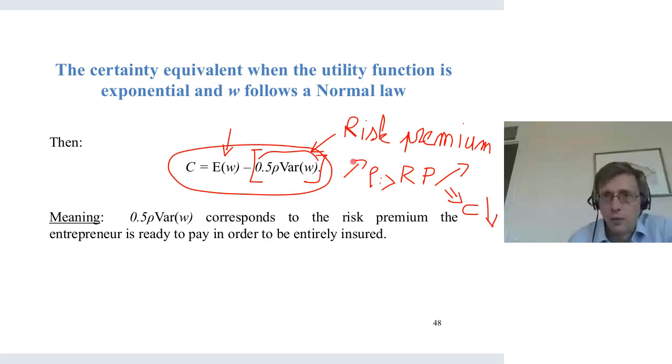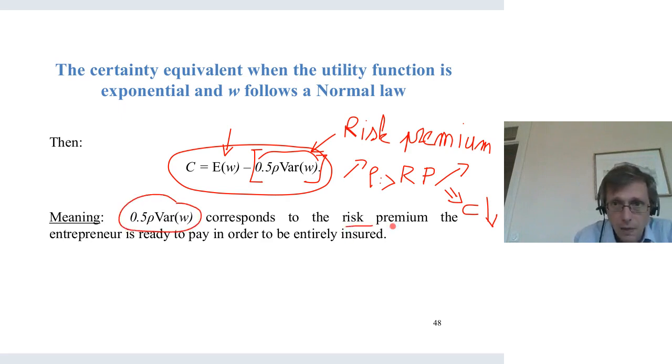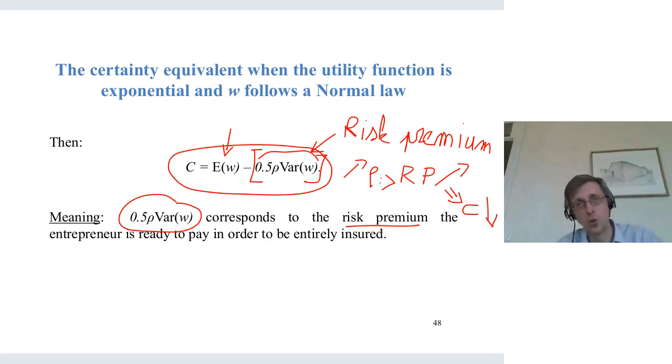So I repeat, the higher rho, the lower is C. Because the more you are risk averse, in this trade-off between losing money and being insured, you prefer to be insured. And this is why you accept a lower amount of wealth, but for sure in that case. So once again, this corresponds to the risk premium the entrepreneur is ready to pay in order to be entirely insured.